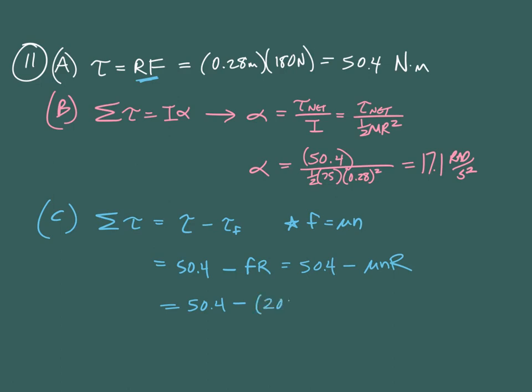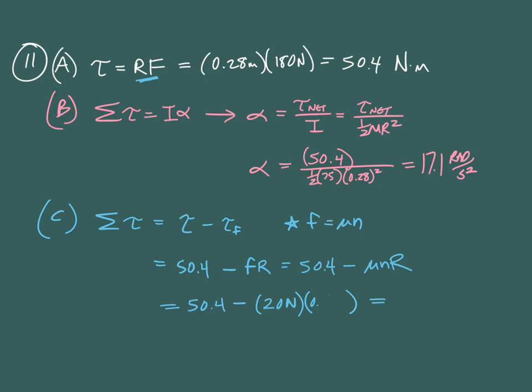So 20 newtons, and the 0.28 meters that it works at, and that's just 0.3-ish. Wait a minute, it's not 0.28, it's 15 centimeters. I'm reading the other part of the problem.